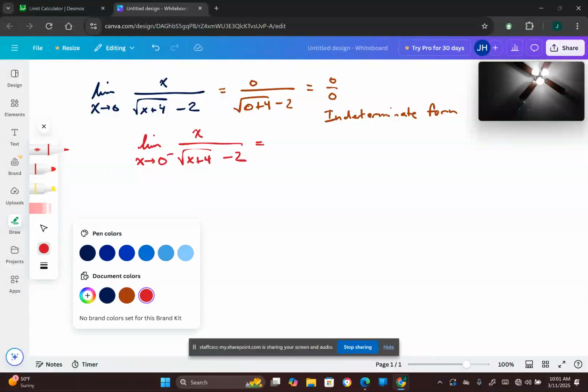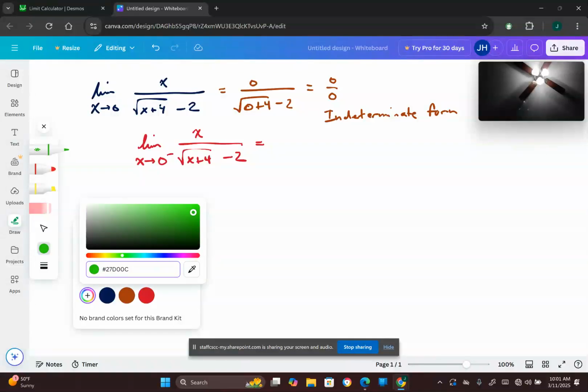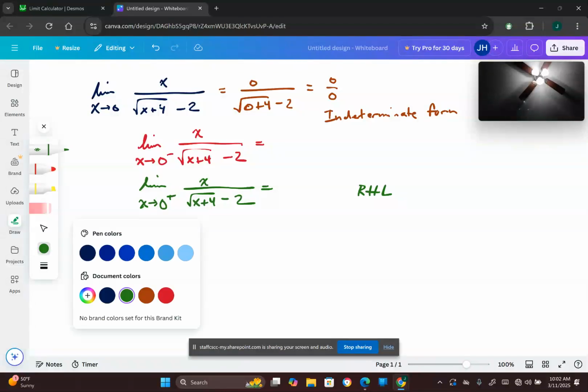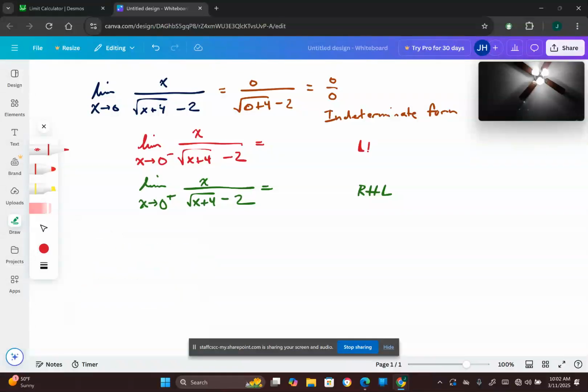And we're also going to take the limit as x approaches 0 from the right-hand side of the same function. Now, the green one is called a right-hand limit, RHL for right-hand limit. The red one here is called a left-hand limit, LHL.